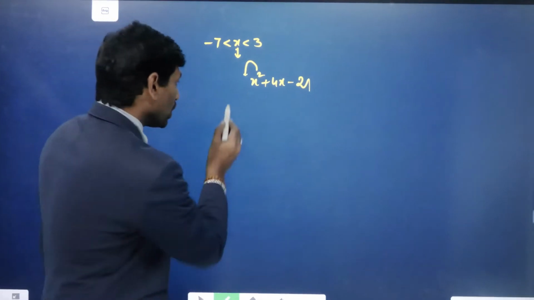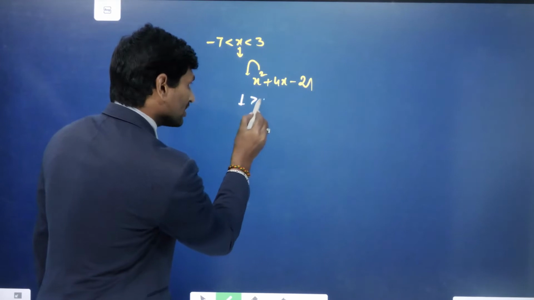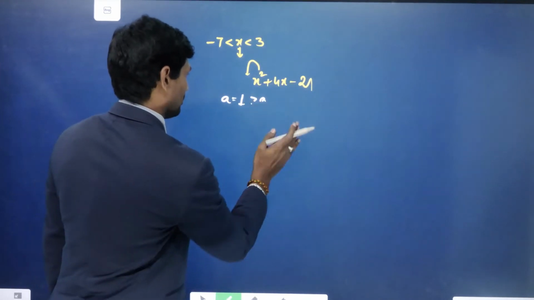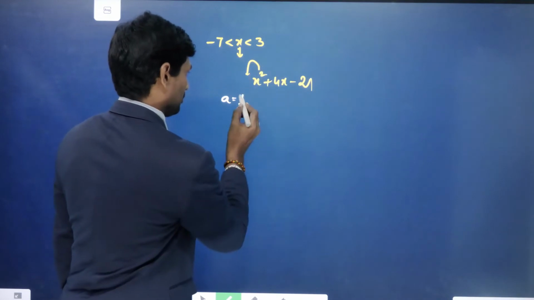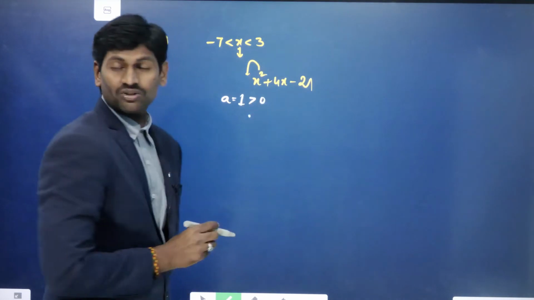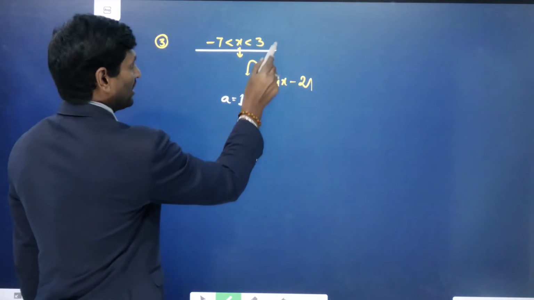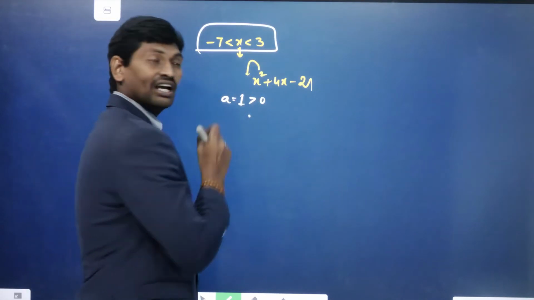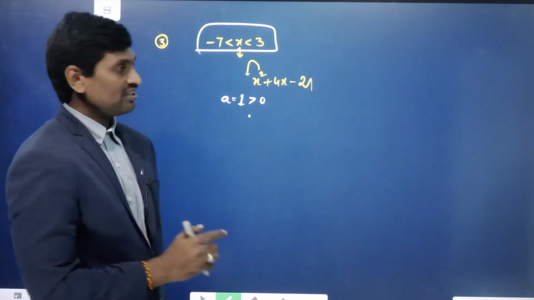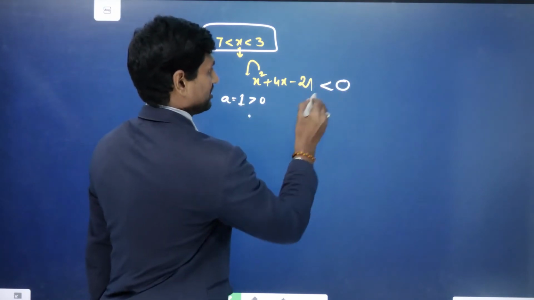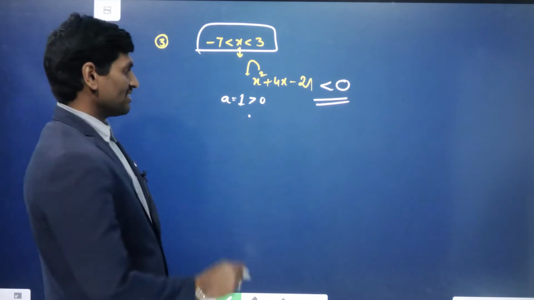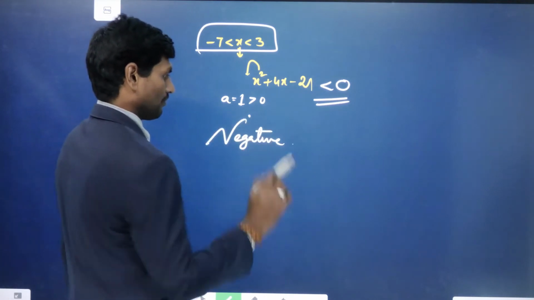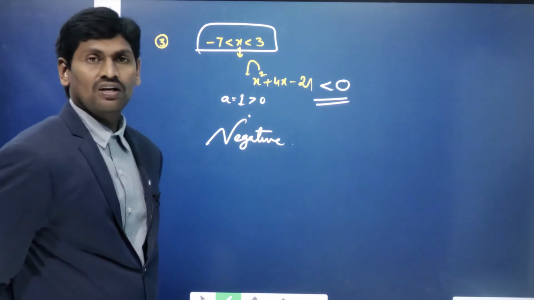The x square coefficient is 1, a value greater than 0, that means positive sign. According to this condition, x value is between them, so therefore the entire expression is negative. So your answer is negative. Okay?